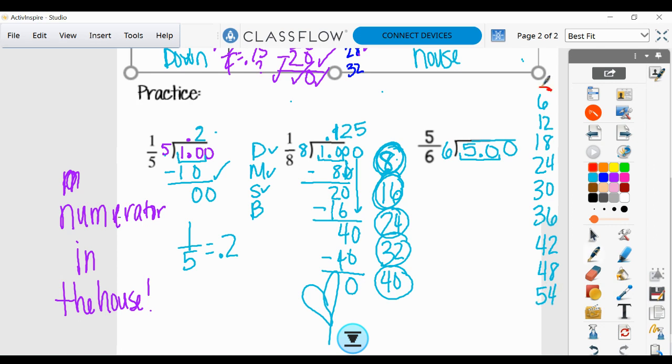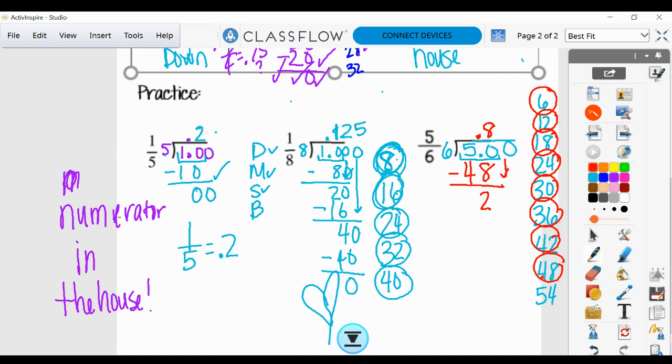So that gives me, it goes into 50 1, 2, 3, 4, 5, 6, 7, 8 times. So I'm going to bring my decimal right up here. I'm going to put 8. 6 times 8, 48. So divide, multiply, subtract. I get 2, bring down.